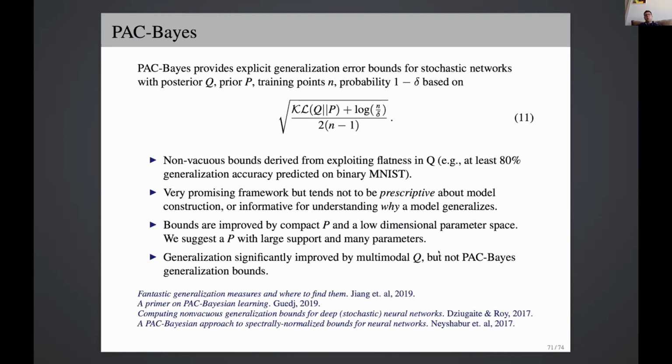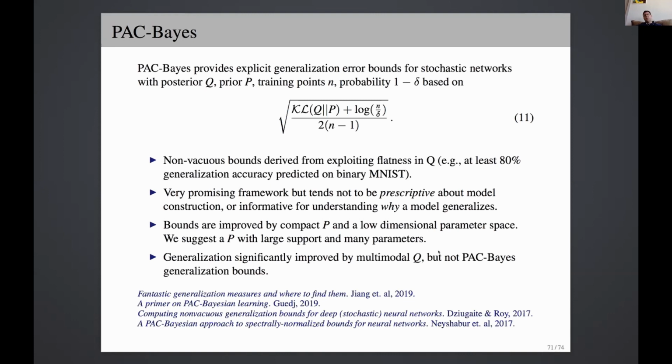This is a promising framework. It's satisfying in the sense that it allows us to say something explicit and quantitative about generalization performance, but it does tend not to be very prescriptive about model construction or informative for understanding why a model generalizes. So it's quite complementary to the perspectives that we've been describing in this talk.